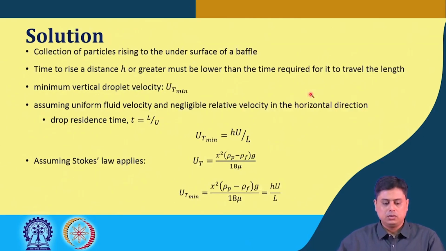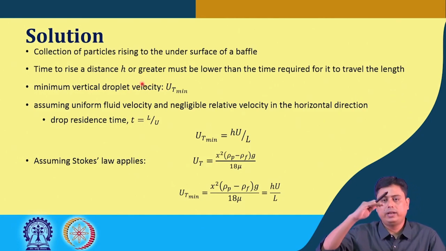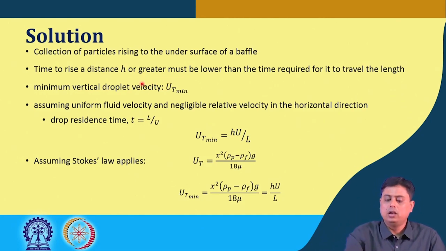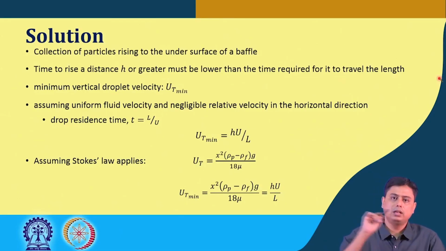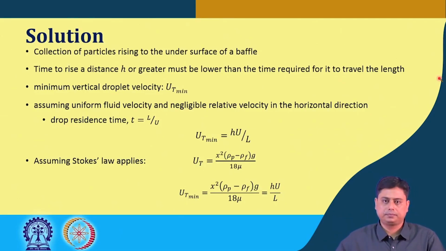Fine. So, the point is the time to rise the distance h must be lower than the time it takes to travel the complete length in the horizontal direction, that is from inlet to outlet. Okay.